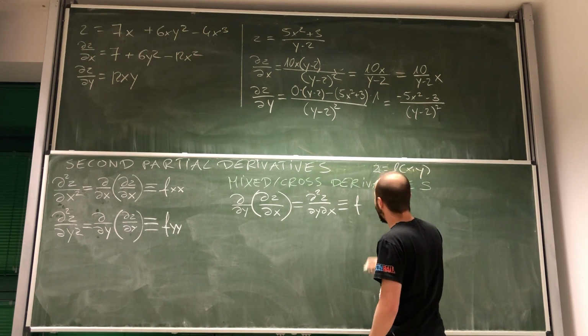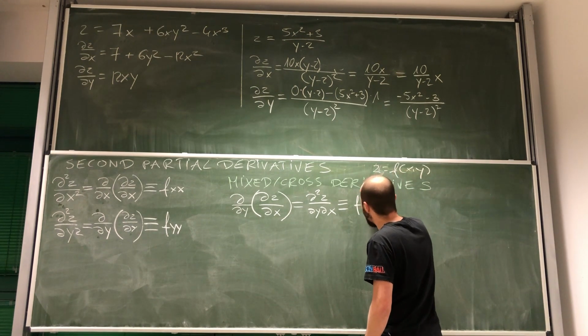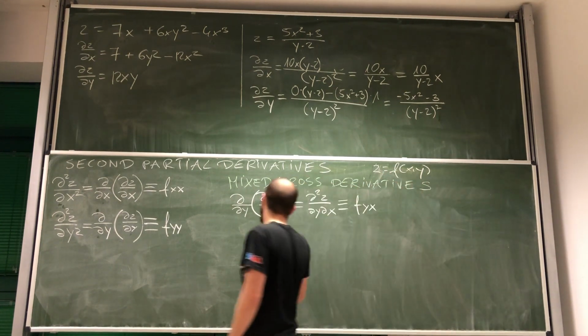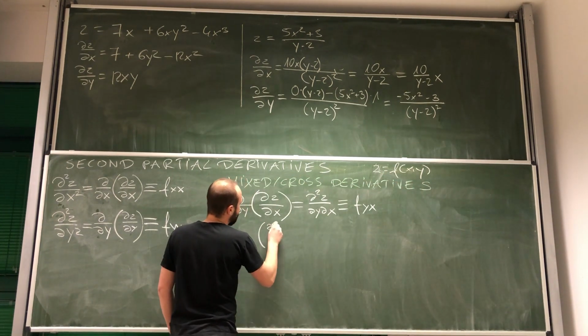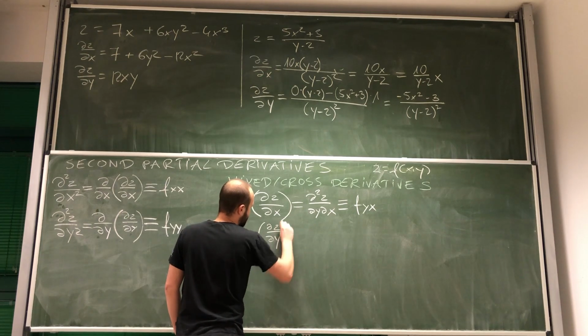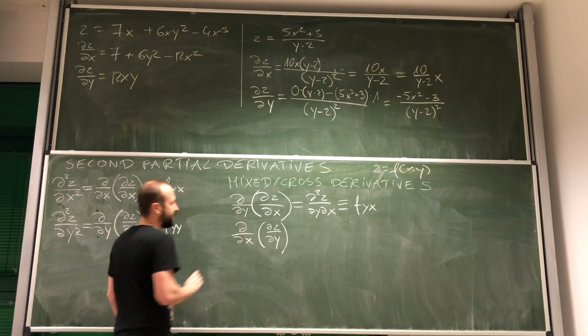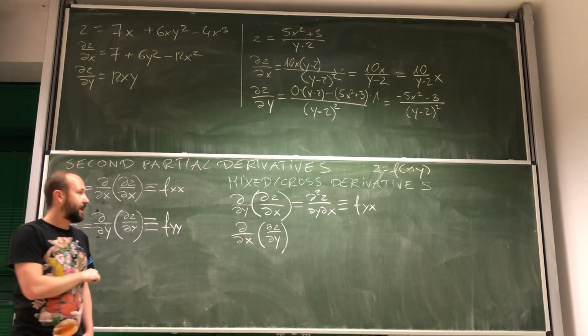or equally I can write it as f_yx. And look, by the same token, I can take the derivative dz/dy and I can differentiate it with respect to x. Where am I going to get that?